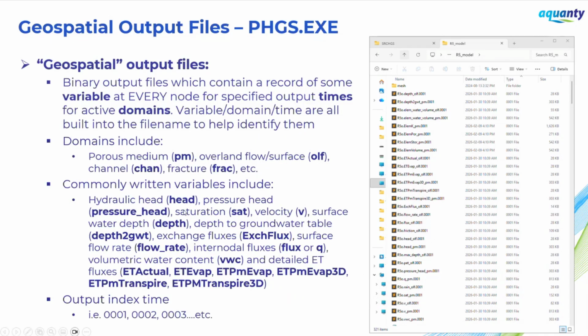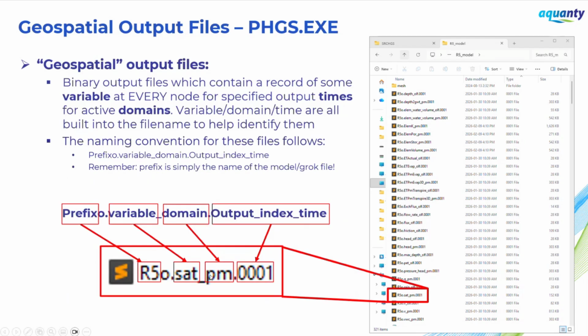If we go to the last slide, we have hydraulic heads, head, pressure head, saturation, velocity, depth of groundwater table, exchange flux, flow rates. Those are the variables that you'll see listed, and then underscore domain. So PM is short for porous medium. OLF is short for overland flow. CHAN, C-H-A-N, is short for channel.